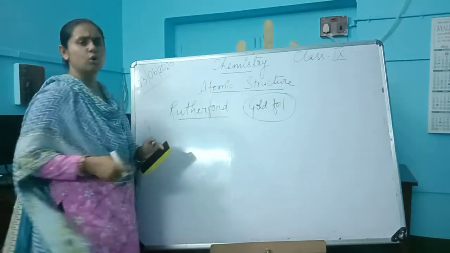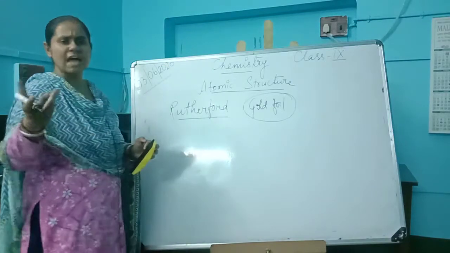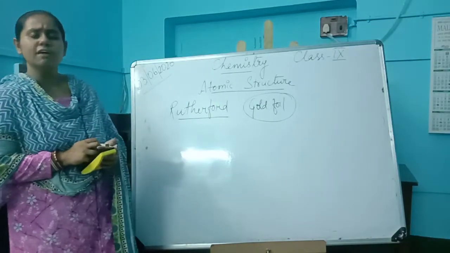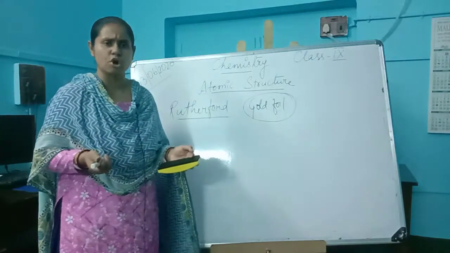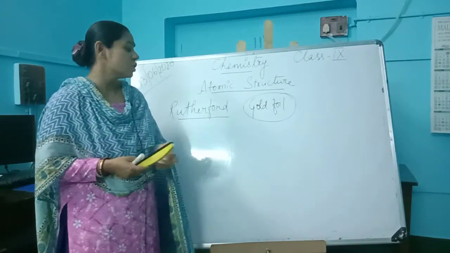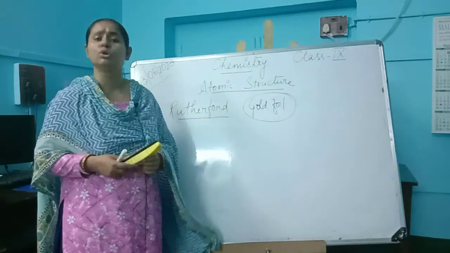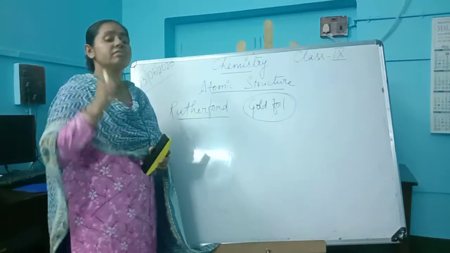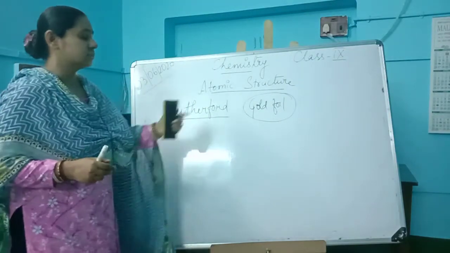Now, why only gold foil? He could have used aluminium foil, zinc, copper, or some other metal for this purpose. Why did he choose gold only? The reason is very clear.